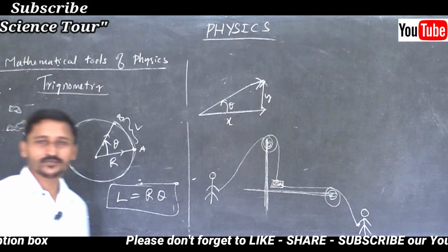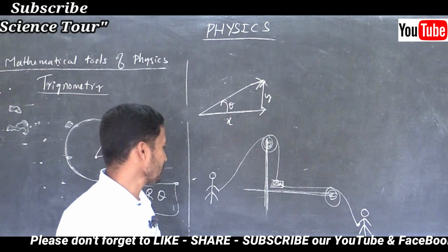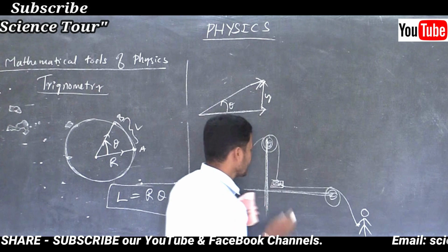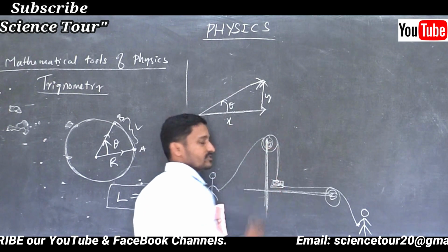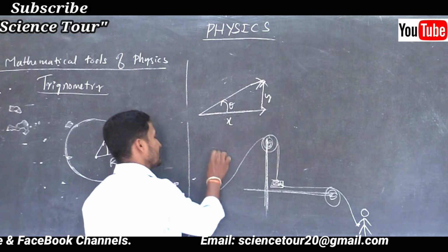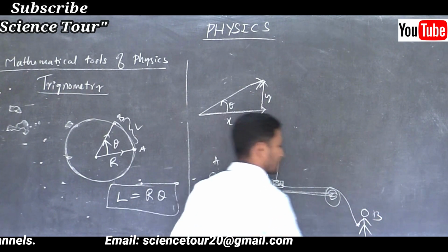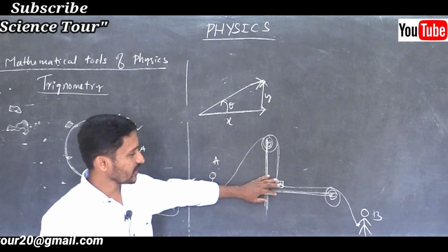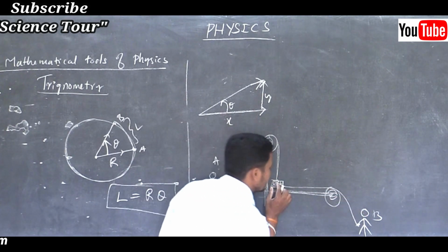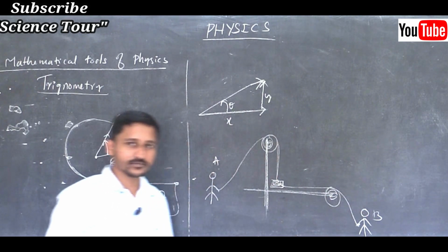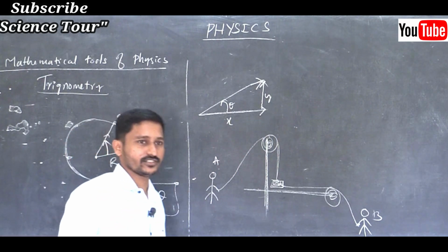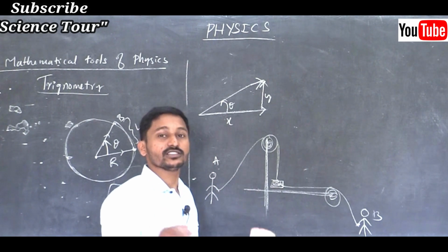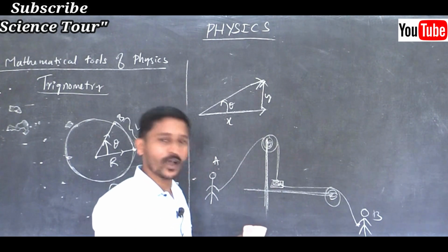Where will it move? If this person is not pulling at all, it just moves in this direction. I will name them person A and person B. If person A is not going to pull that object and B is pulling, it will move in this direction. If both are pulling that object with the same force, what is going to happen?